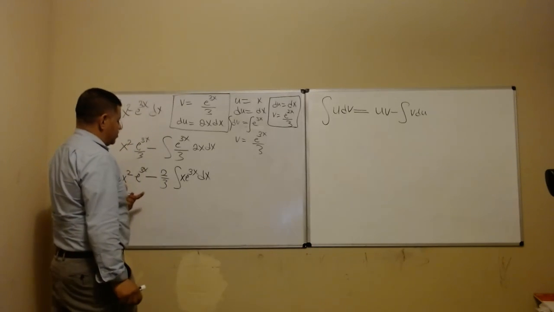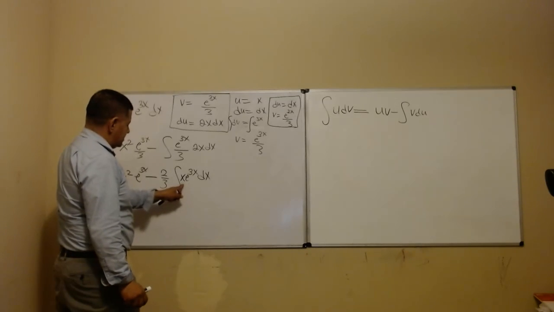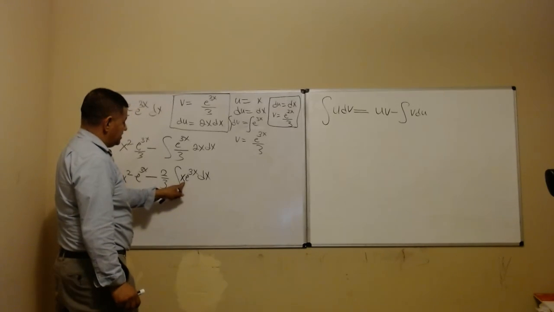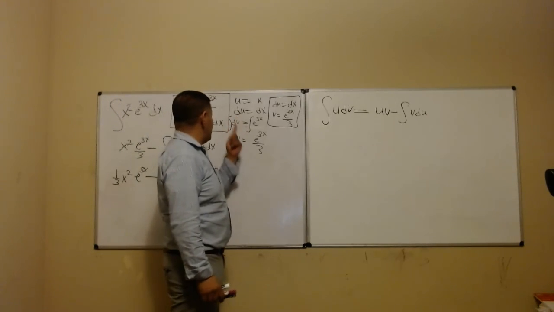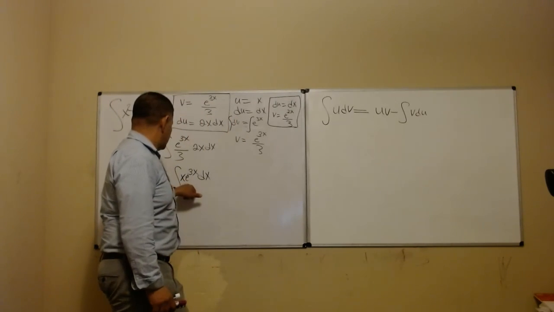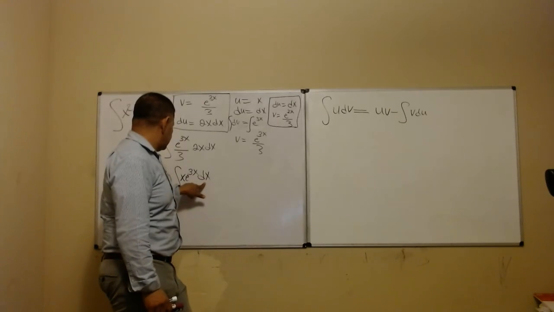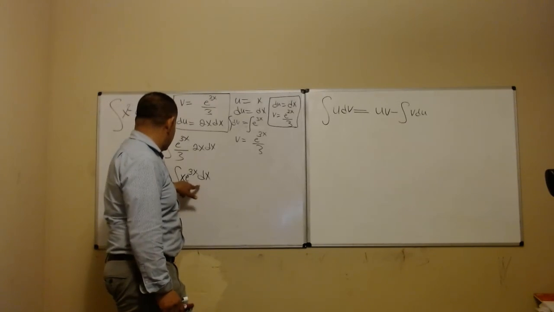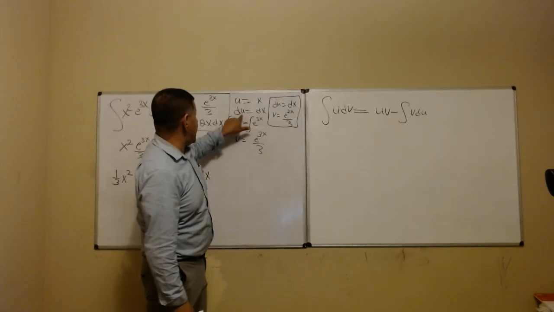Now what I will do is the following. Notice that I already got rid of the x. So this x right here is not going to exist anymore. Why? Because I already got rid of it. du is equal to dx.